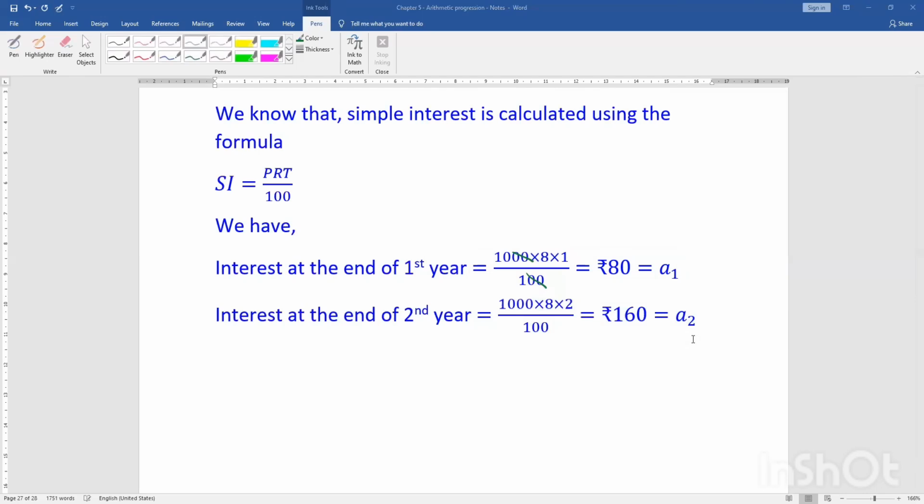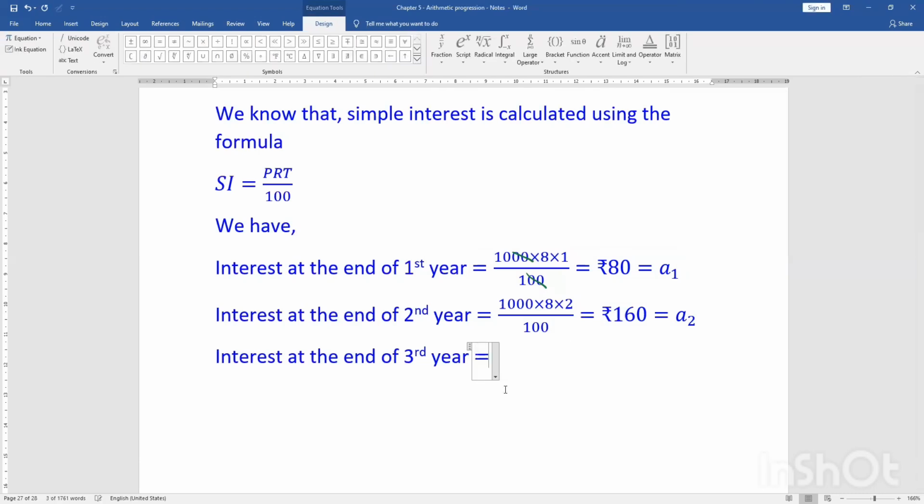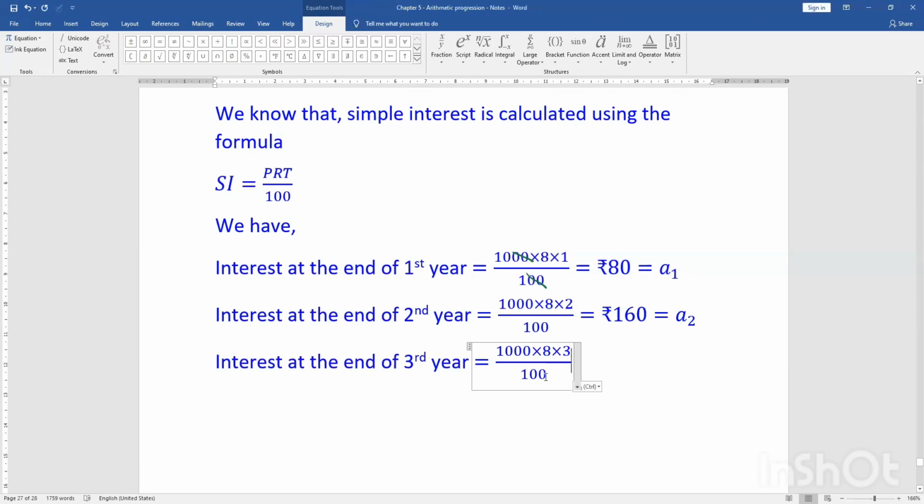Now the interest at the end of the third year is equal to how much? It's 1000 into 8 into 3 by 100, which is equal to rupees 240.